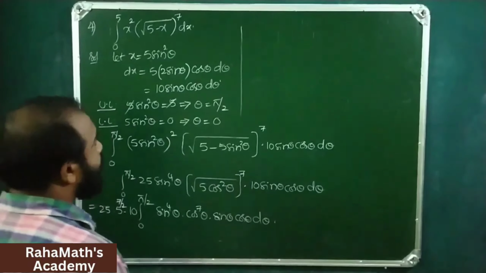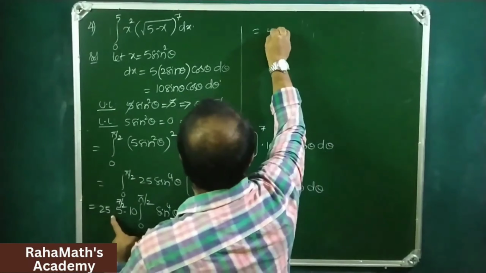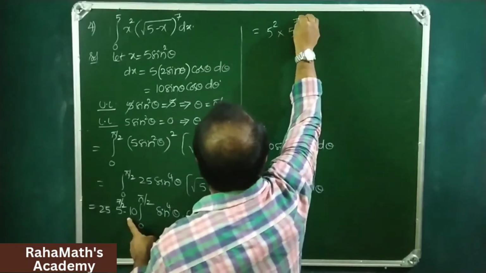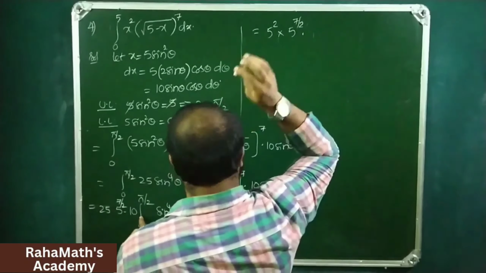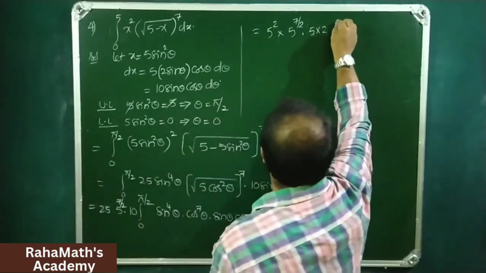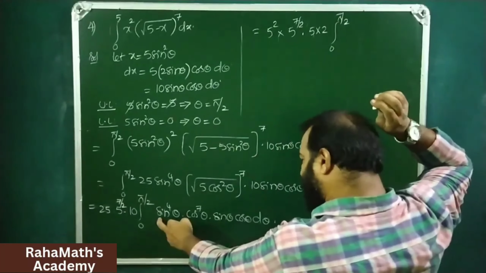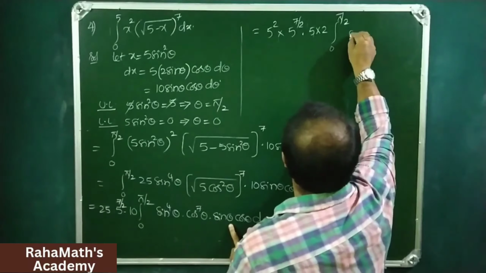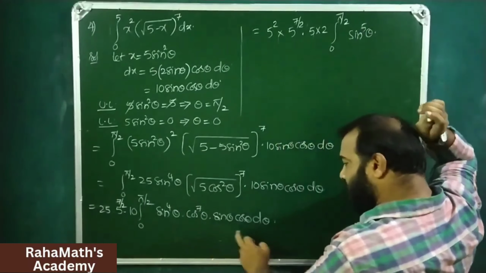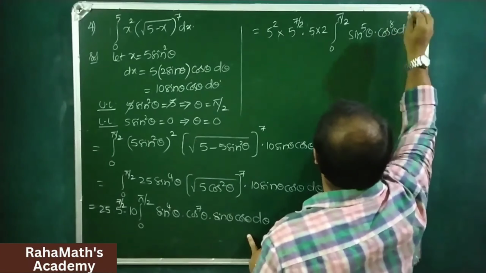So this is equal to 25, which is 5 square, into 5 power 7 by 2, into 10, which is 5 into 2, integral 0 to pi by 2 sin power 4 into sin, so sin power 5 theta into cos power 8 theta d theta.